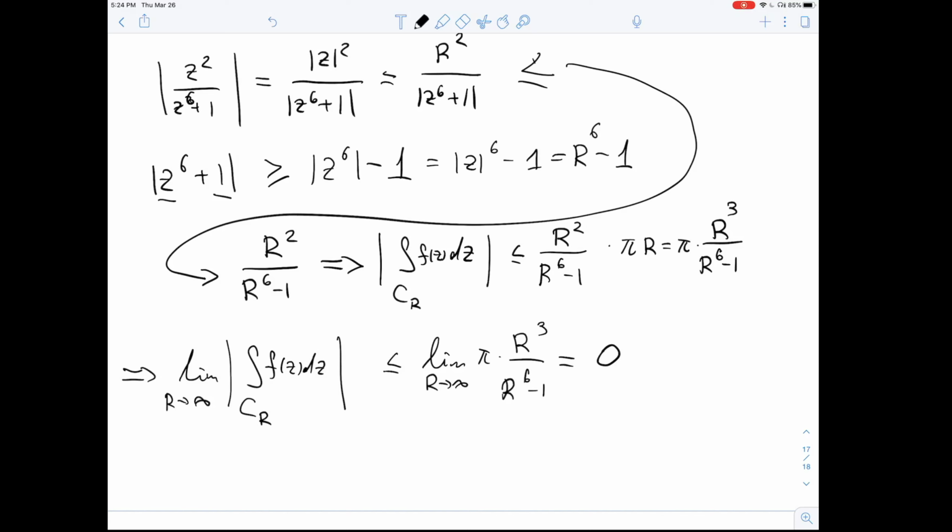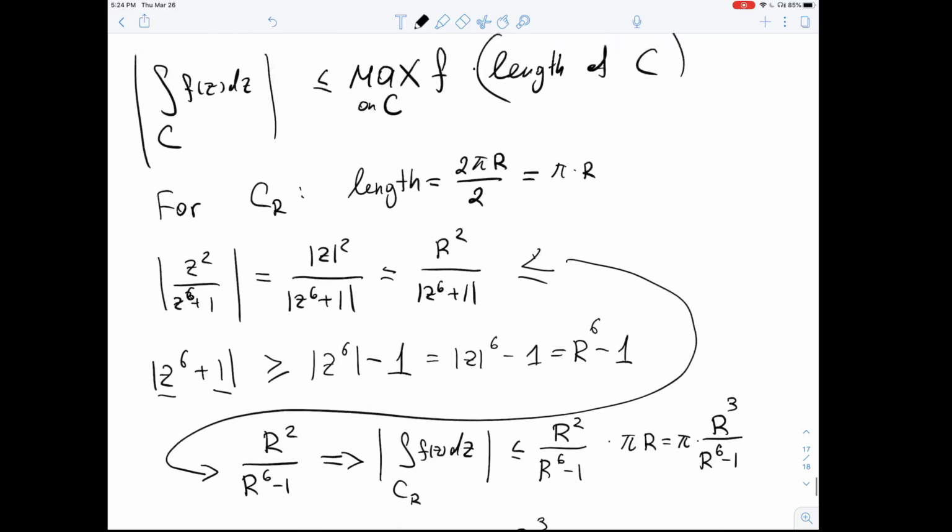And hooray, hooray, this is 0. So the limit of the absolute value is less than or equal to 0. How can this be? Well, only if the limit is actually equal to 0, because absolute value is a non-negative thing. So the limit of the absolute value being at most 0 implies that it's equal to 0.